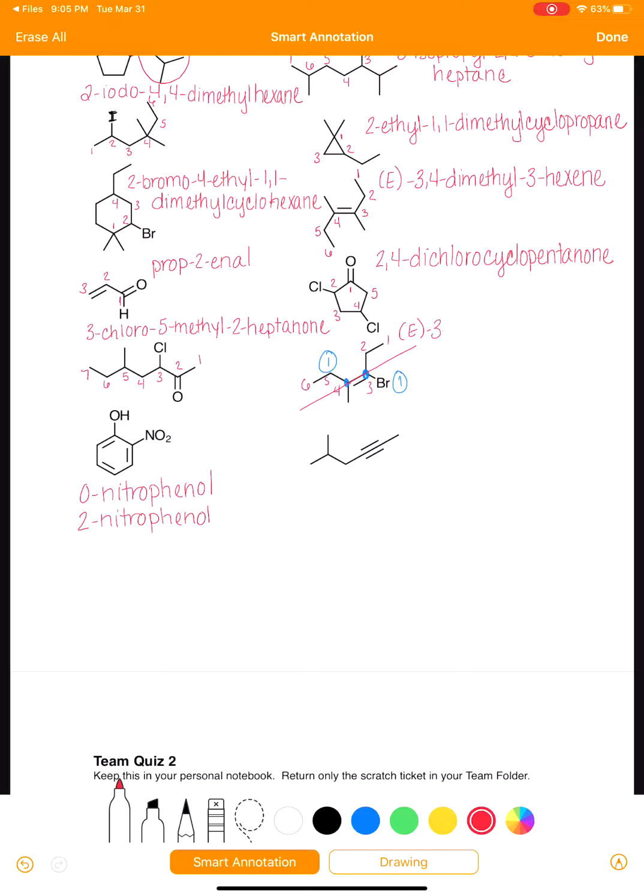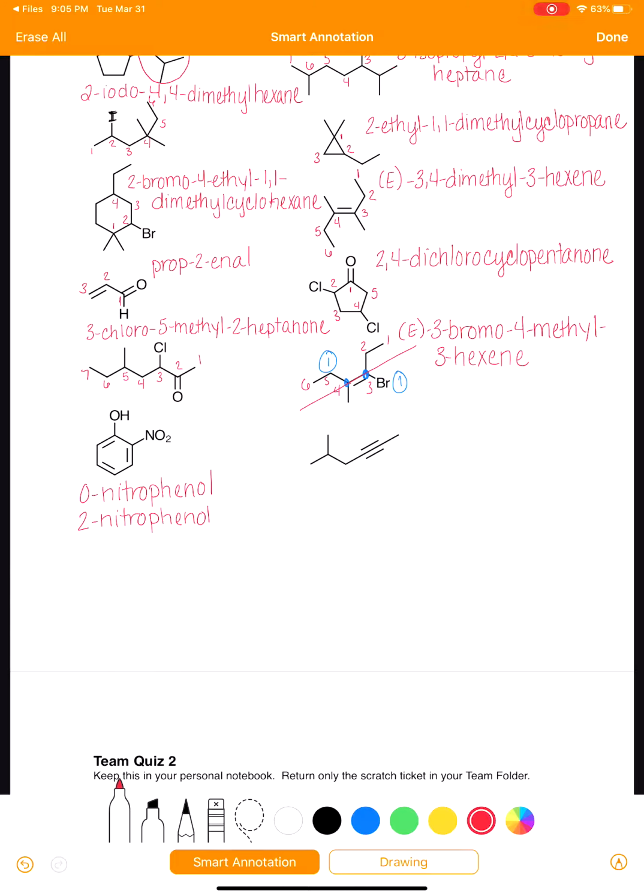E-3-bromo, 4-methyl, 3-hexene. And it would have been okay for us to say cis because we did have the ethyl groups on either carbon and the ethyl groups are cis to each other.